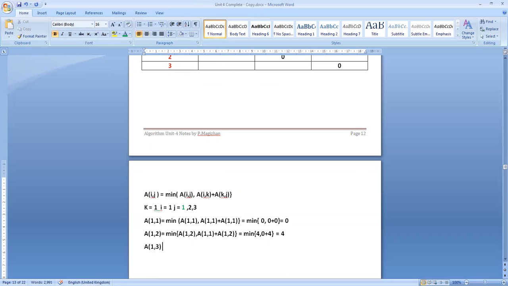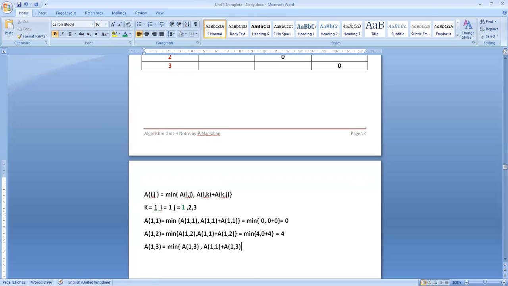It is minimum of a of i comma j, i equal to 1, j equal to 3, comma a of i comma k, k equal to 1, plus a of k comma j, k equal to 1, j equal to 3.